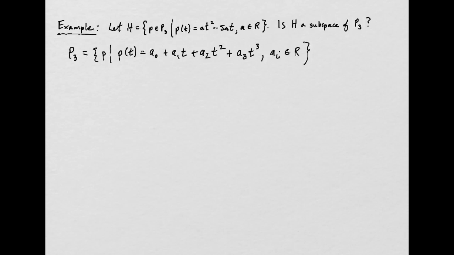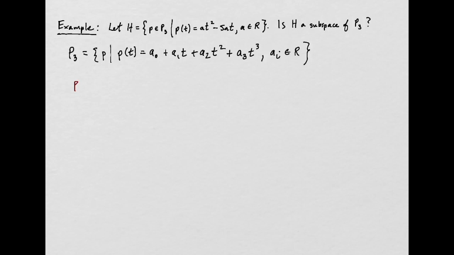So the question then is, can we write this polynomial in the form of a polynomial that's given in this set P3? So let's see if we can do that.